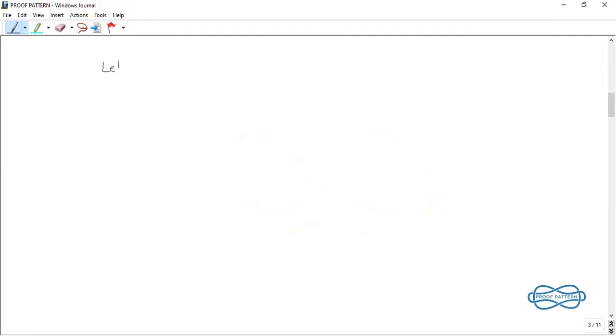Let G be a group and H is a subset of G. Here we have written that H is a subset of G. It is not clear whether H is a subgroup or not. So this is the question.